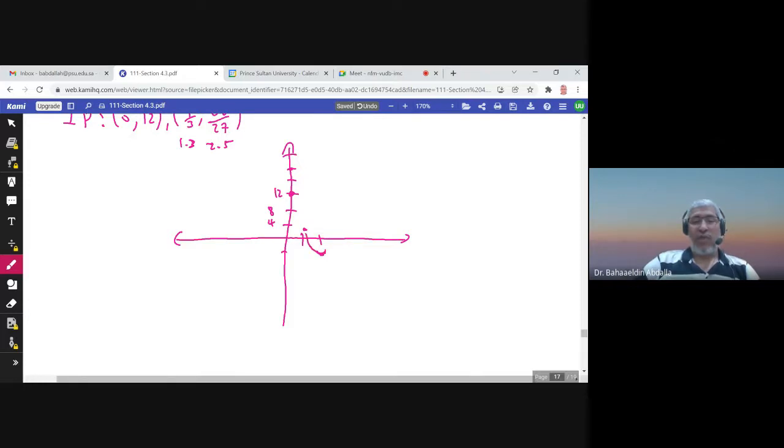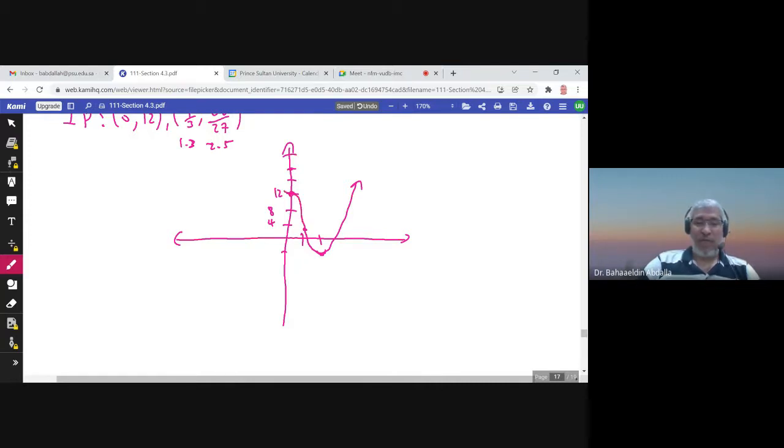So it's concave up to here, and then it goes like this. And here it becomes concave down. And then here it has a tangent line. So it's concave down up to here, tangent line.